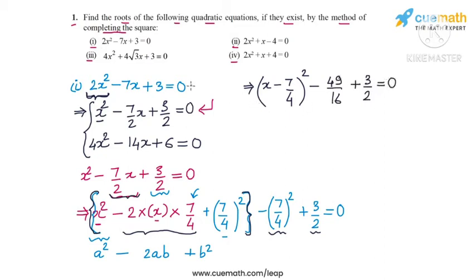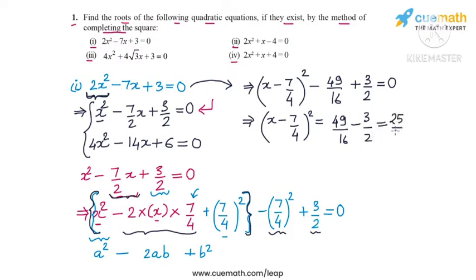This is how I can modify the original equation by completing the square. Now from here we can write x minus 7 by 4 whole square is equal to 49 by 16 minus 3 by 2. Minus 3 by 2 can be written as minus 24 by 16. So the right side will become 25 by 16.